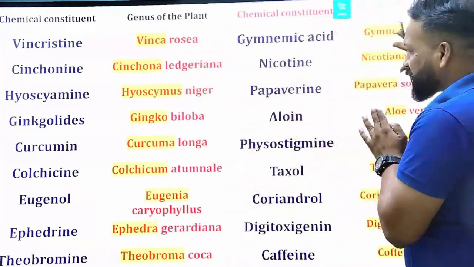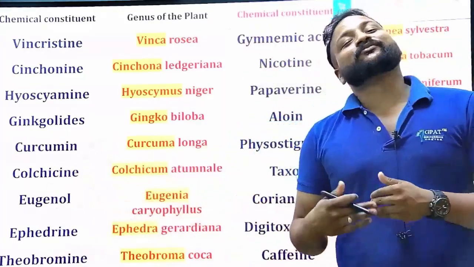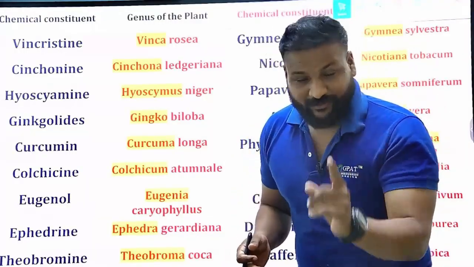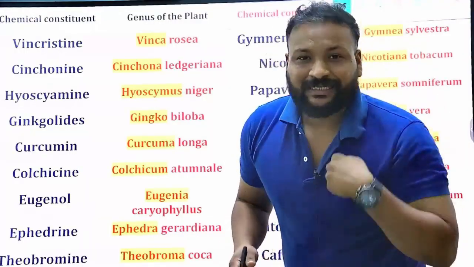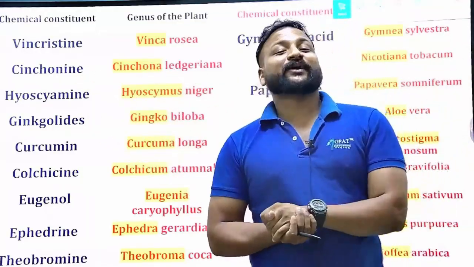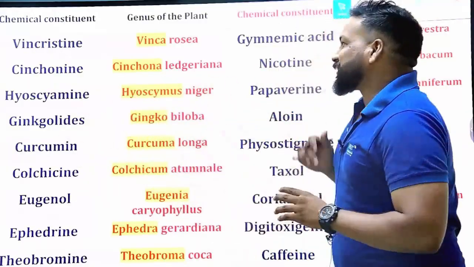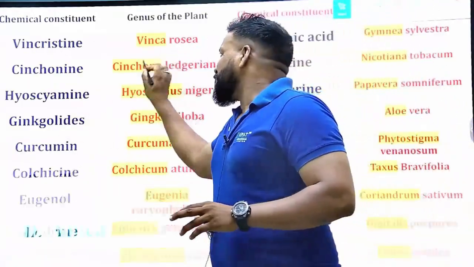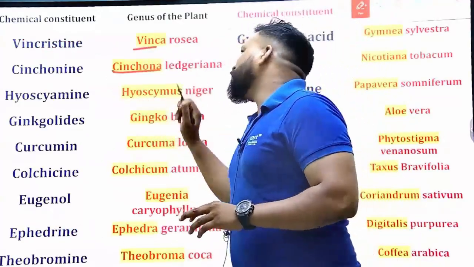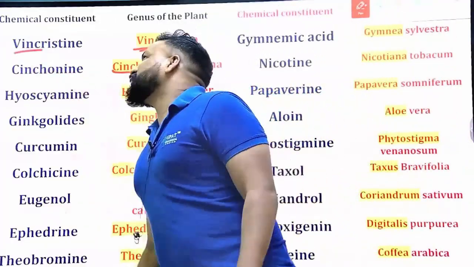These are examples of different chemical constituents from different plants, but with only one clue from me to you: the prefix will be the clue to identify which plant it belongs to. You can check all the prefixes, the genus name of the plant.